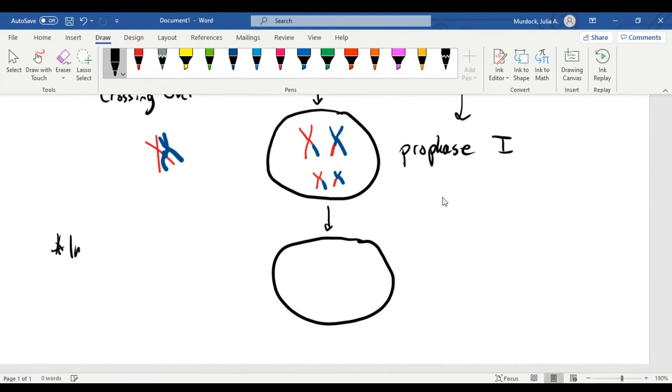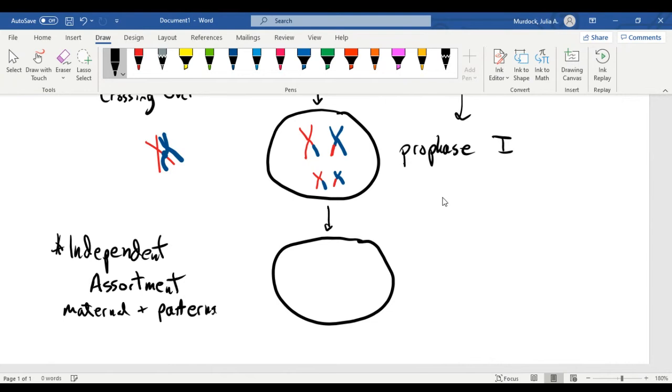This is called independent assortment, meaning that maternal and paternal homologs switch places.